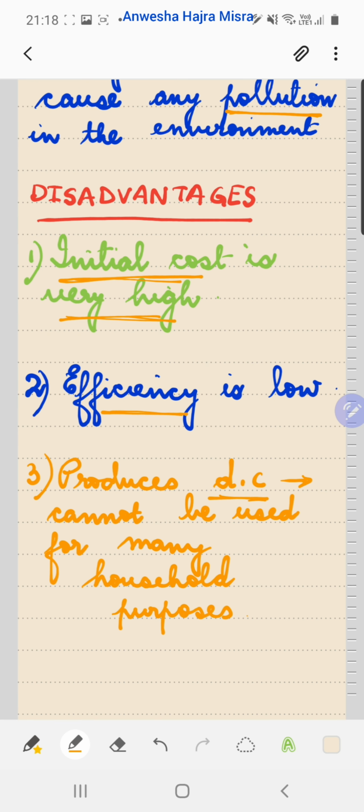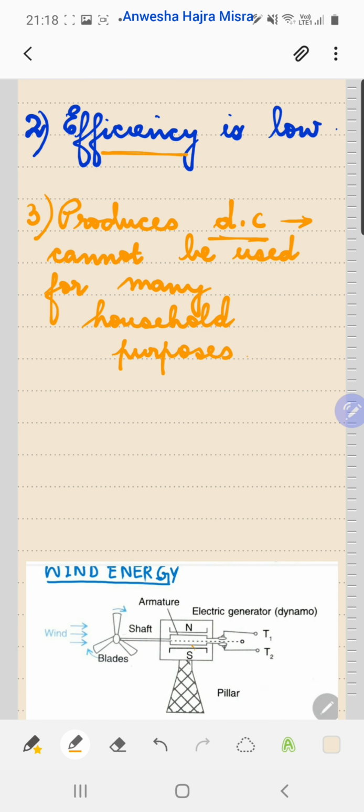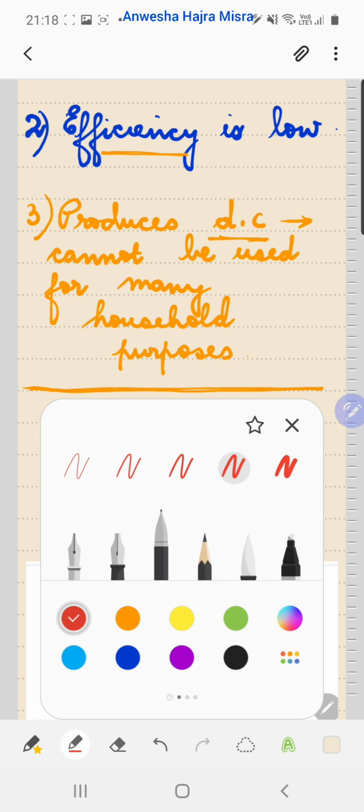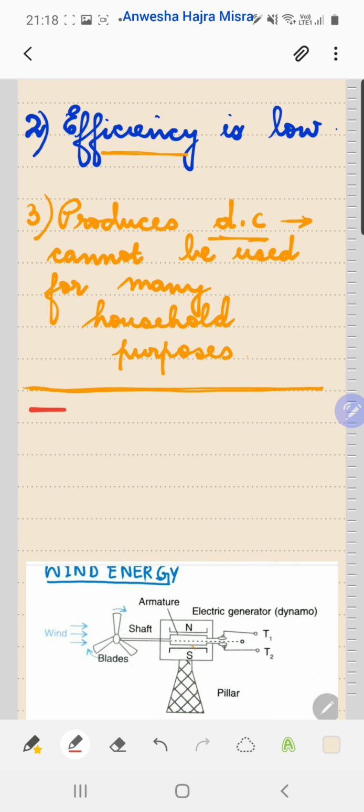Now, the next form of energy from where we can get electricity is wind energy. So the second form is wind energy.